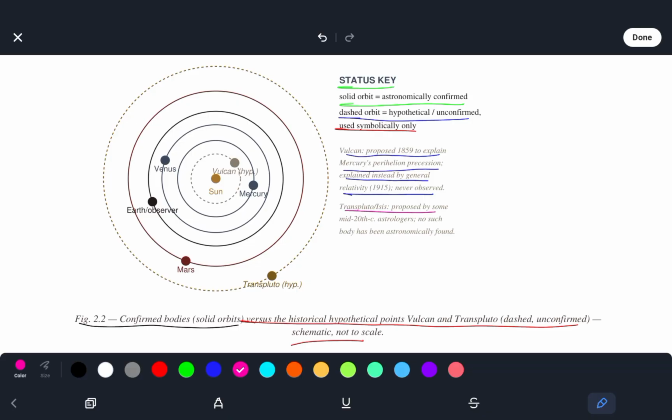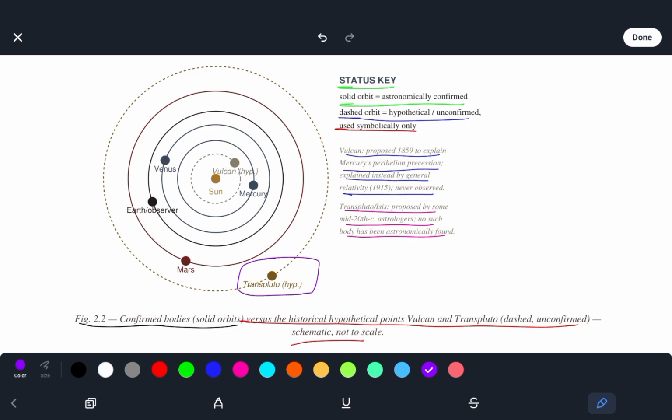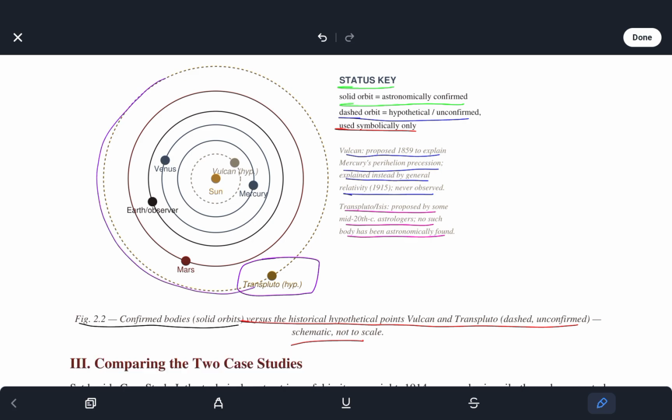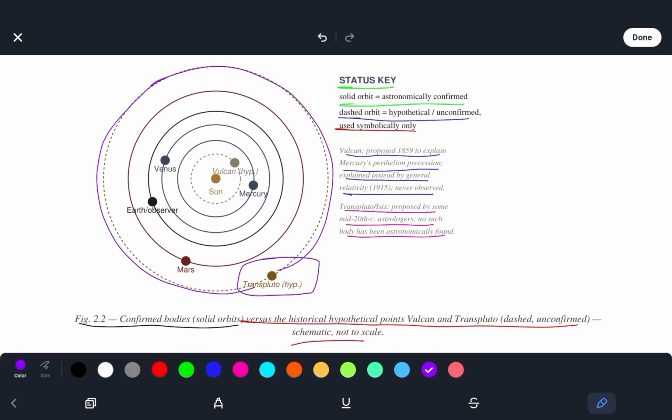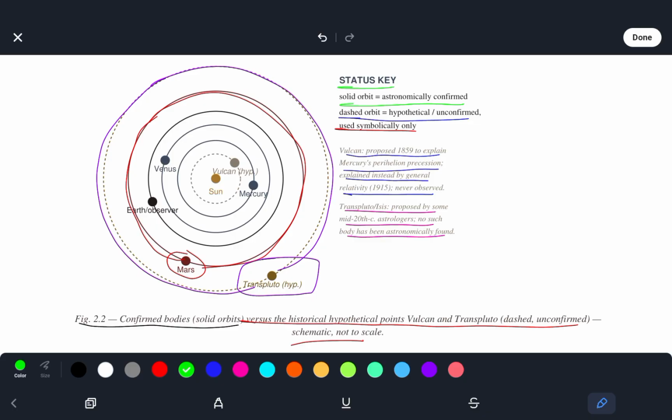Trans-Pluto Isis, proposed by some mid-20th century astrologers, no such body has been astronomically found. So we see hypothetically Trans-Pluto right here on the outskirts. And then we're getting inner and we see Mars. We begin to see Earth, the observer.